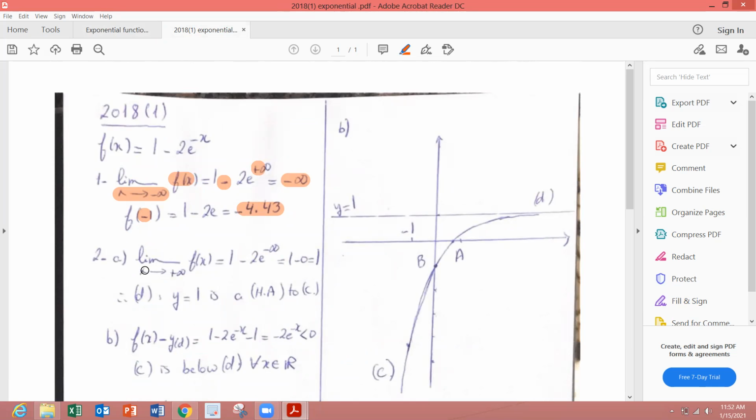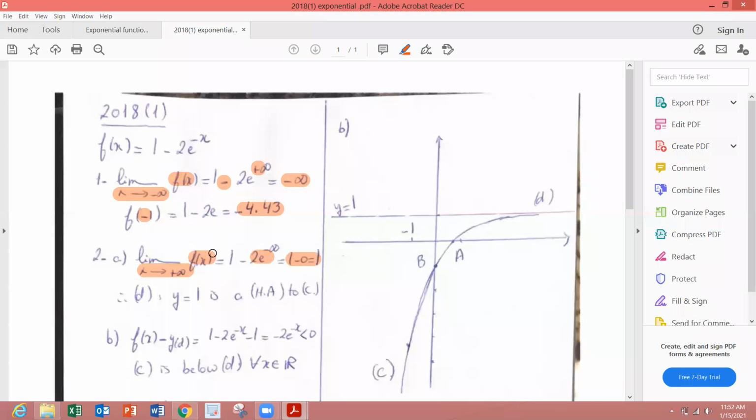So the limit as x tends to plus infinity of f(x) equals 1 minus 2e to the power minus infinity. E to the power minus infinity is 0. We will get 1 minus 0, which is equal to 1.